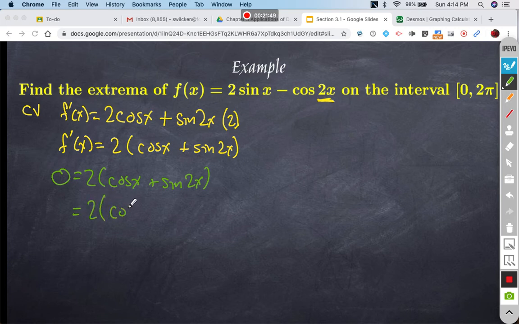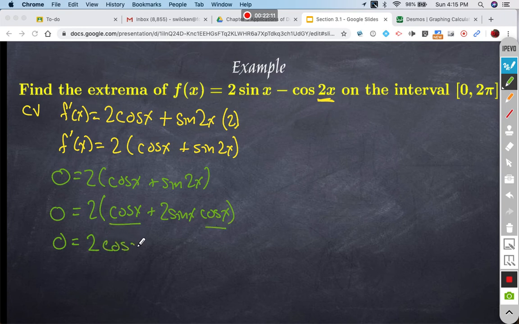And remember that the sine of 2x is, what do I have there? Okay. 2 sine x cosine x. So we have a common cosine.